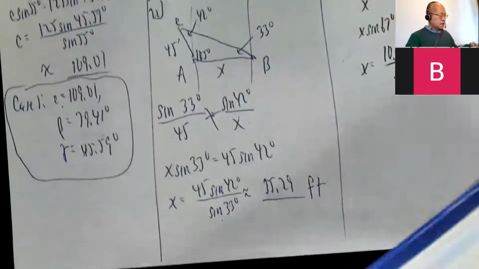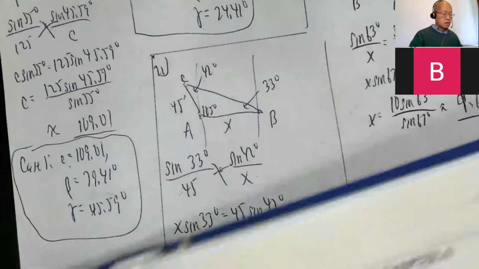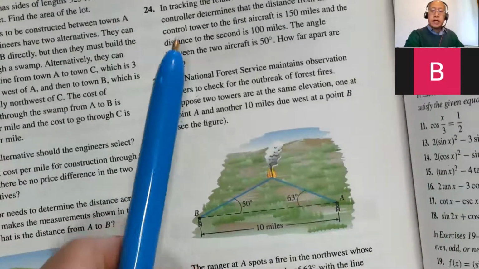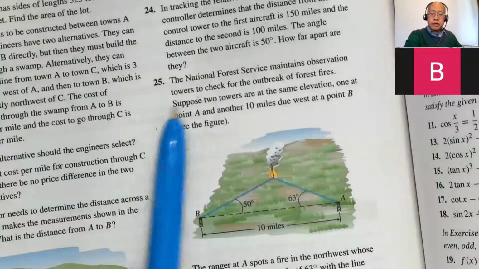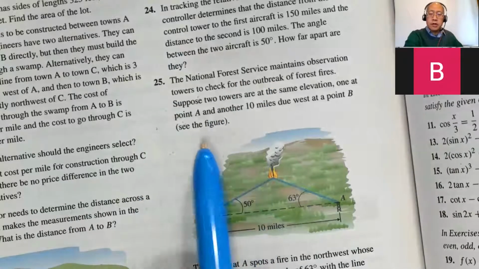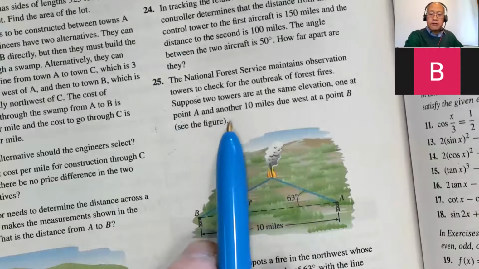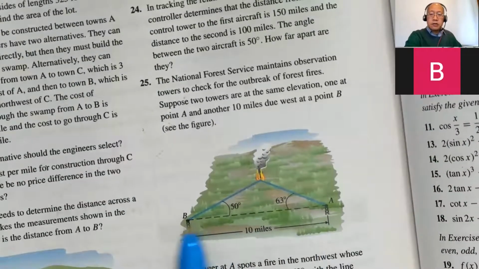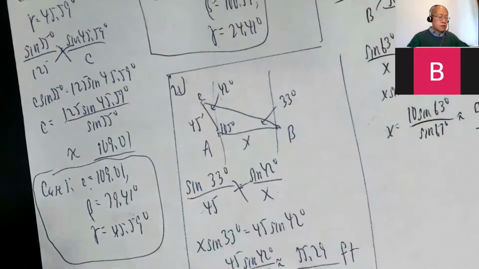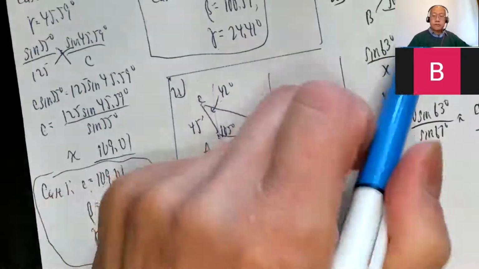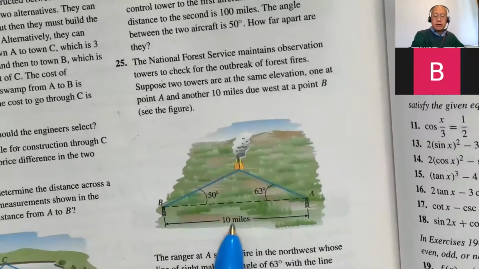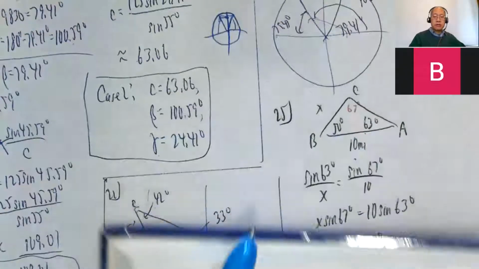Okay, and then 25 is the last one. The National Forest Service maintains observation towers to check for the outbreaks of forest fires. Suppose two towers are at the same elevation, one at point A, another 10 miles due west at point B. You know ahead of time that they were planned out to be 10 miles apart.